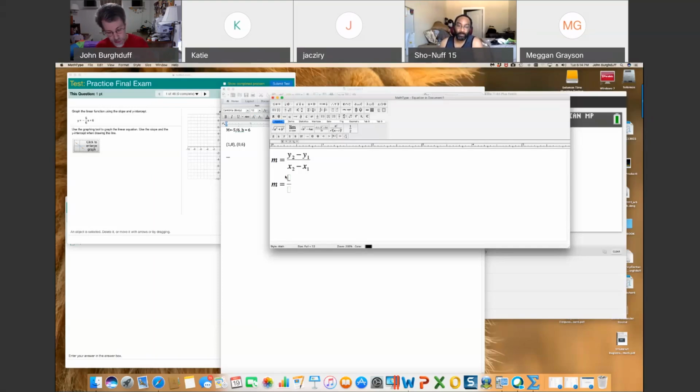That would be that 6. And the y1 would be the first value of y, 0. So y2 minus y1. And in the denominator, you'd have x2, the x from the second point, minus the x from the first point. So 6 minus 0 over 0 minus 1.